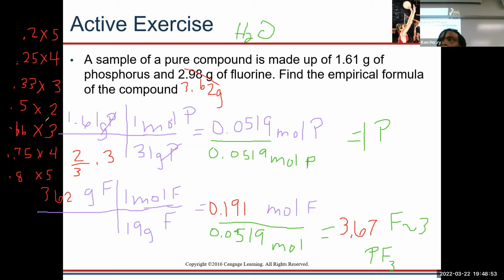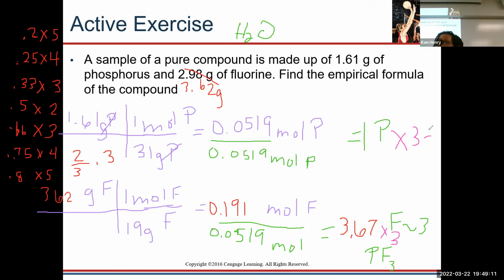Okay, so I have 3.67. So if I want to get that to a whole number, what do I need to multiply by? I need to multiply this by 3. So I multiply this by 3, and I multiply this by 3.